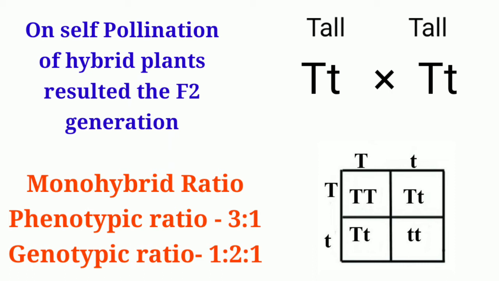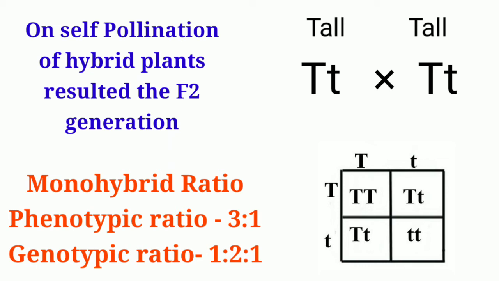Then if the male gamete possesses small t and the female gamete capital T, the resultant zygote will be capital T small t, which is again heterozygous. And if the male gamete possesses small t and the female gamete also possesses small t, then the resultant individual will be small t small t. So this is shown in the Punnett square.